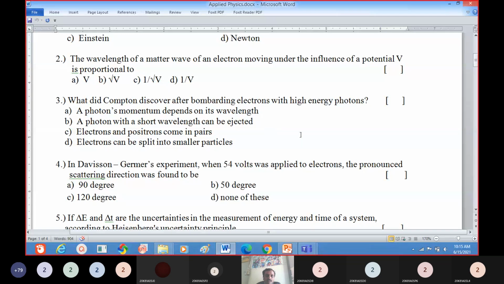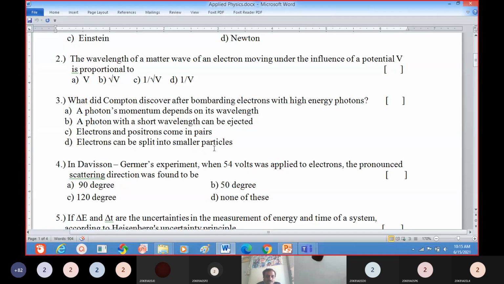So option A, photon's momentum depends on the wavelength. Okay, and electron positron come in pairs. So electron can be split into smaller particles? The electron does not split into smaller particles.